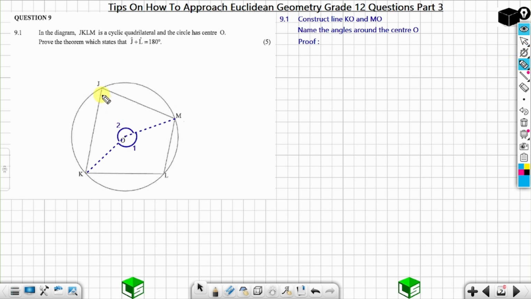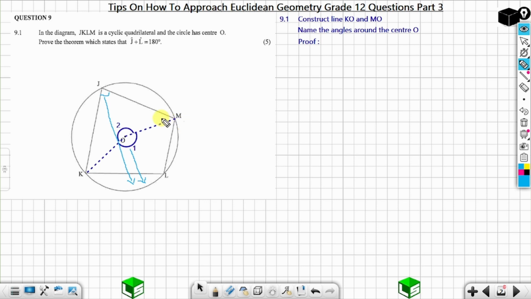This angle, angle J, is subtended by this arc, the arc KM, and the angle O1 is also subtended by the same arc KM.